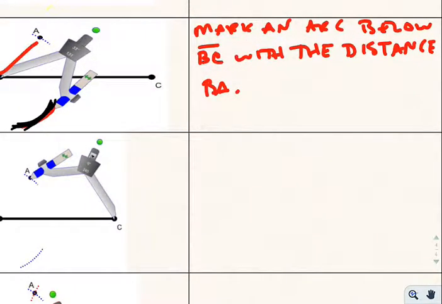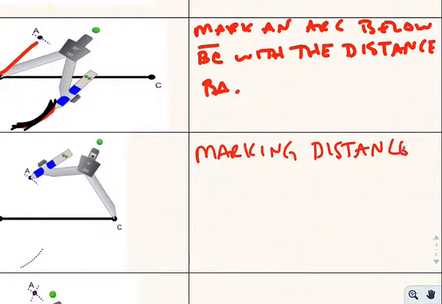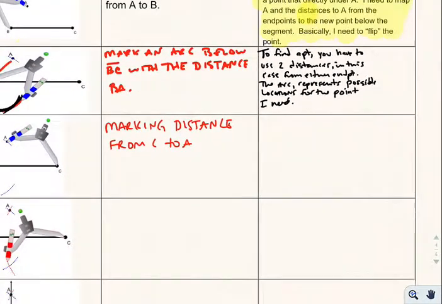It looks like what I'm actually doing here is marking the distance from C to A. If you look, that's what my compass is doing. I'm pinning my compass at C, stretching it out to A. A compass measures distance, therefore I'm measuring distance.